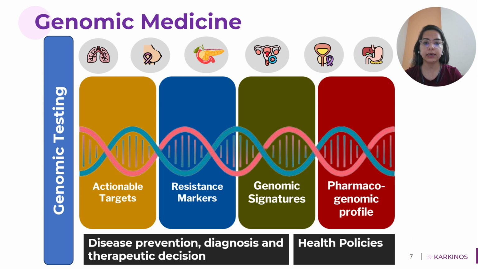And along with these genomic alterations found in individual genes, genomic signatures can also provide a suitable option for treatment in a tumor agnostic manner. And lastly, by investigating the pharmacogenomic profile, one can come up with the right drug and the right dosage for the patients.